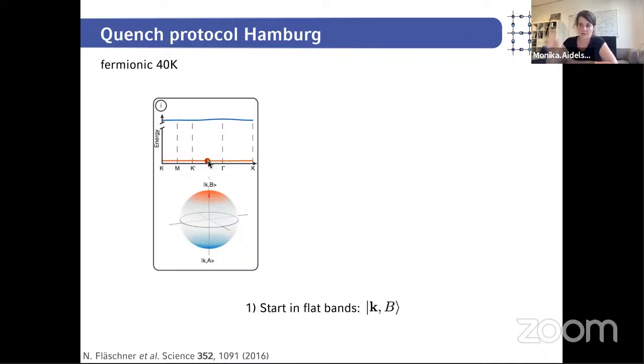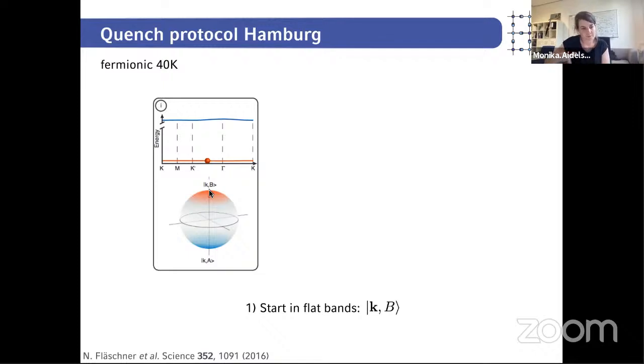We have the poles, which are shown here, which are defined as occupation on B or A sublattice sites. And you can think about this Bloch sphere for each individual quasi-momentum. And now the initial state will be represented as a vector that is pointing up on the Bloch sphere because only B sites are populated.